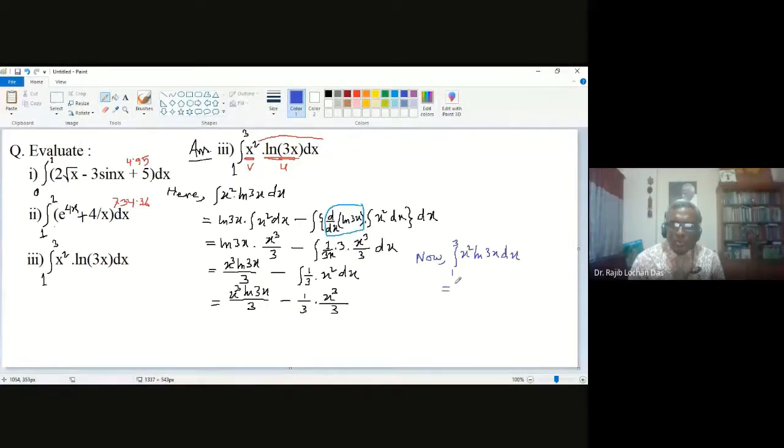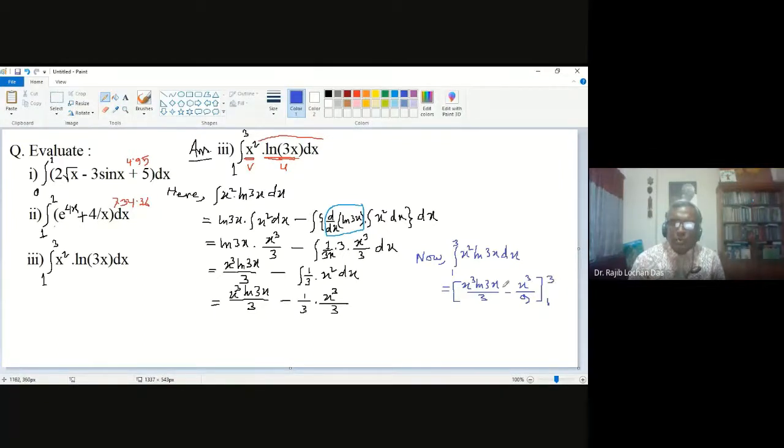So you write exactly the same thing, x cube ln 3x divided by 3, and then x cube divided by 9. This is the final answer, and numbers are 1 and 3.